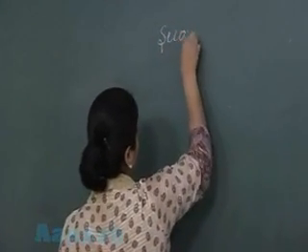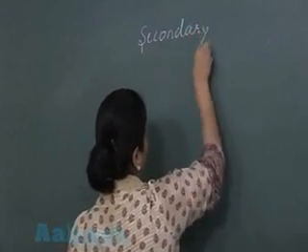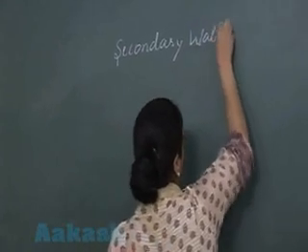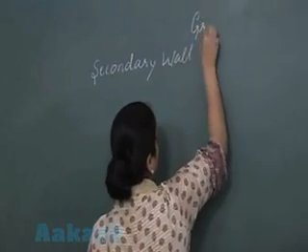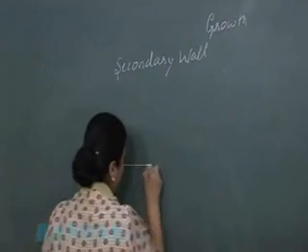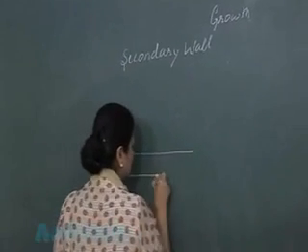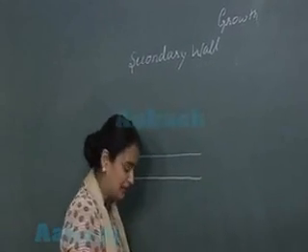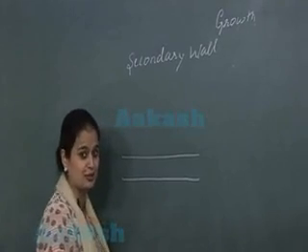So first we can see how the growth will occur in the secondary wall. ये मैंने यहां पर प्री एग्जिस्टिंग स्ट्रक्चर दिखाया. अब देखिए सेकेंडरी वॉल की ग्रोथ कैसे होगी.